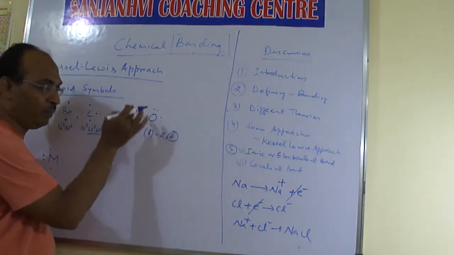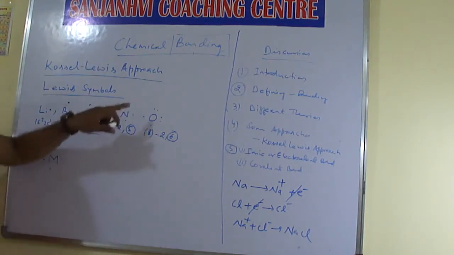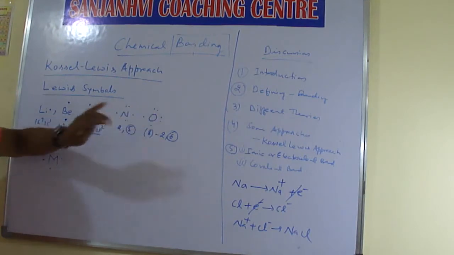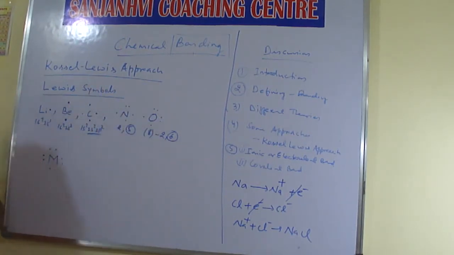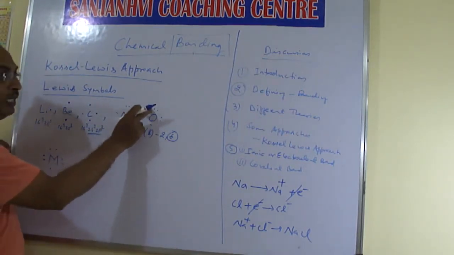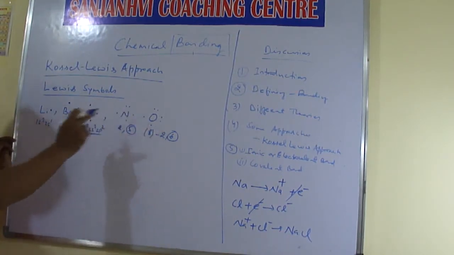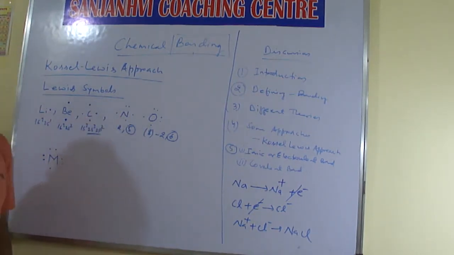This dot may come here also, no problem, anywhere. But here only 2 pairs are getting paired. Two bonds are available for sharing, and the paired ones will not normally participate in sharing. First the unpaired ones will participate.